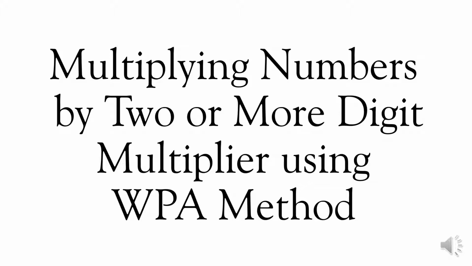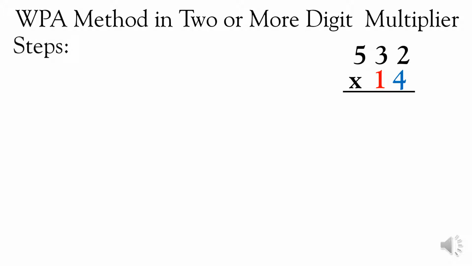Let's proceed to two or more digit multipliers. For example, if we will multiply 532 by 14, again, there are steps to be followed.